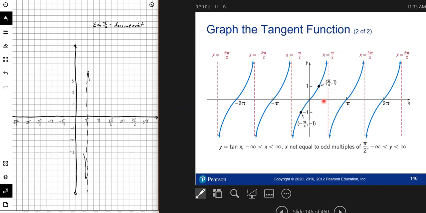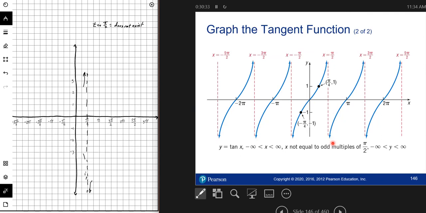Coming at it from the left-hand side, so it's approaching from the negative side, it's going towards positive infinity. So I kind of wrote these in the wrong direction, of course. So it's going up over here, and on the other side of that vertical asymptote, as x approaches it from the positive side, the y values are going down forever.